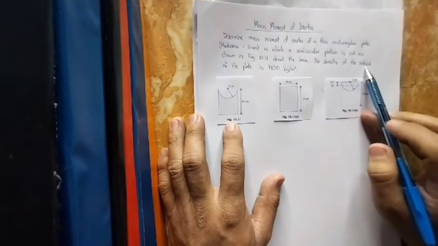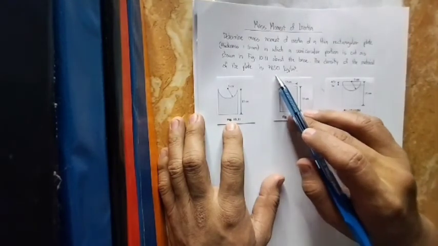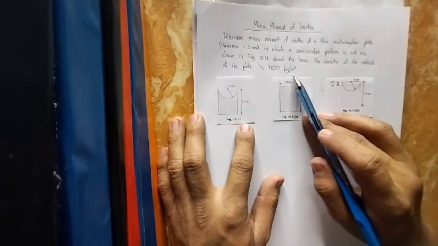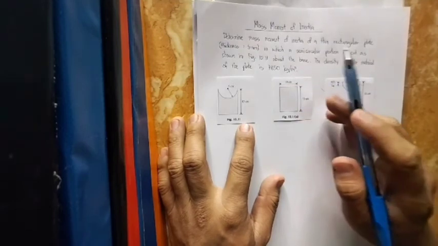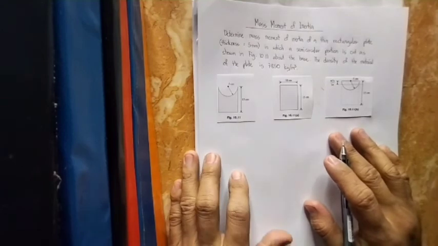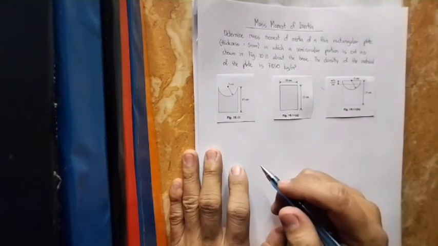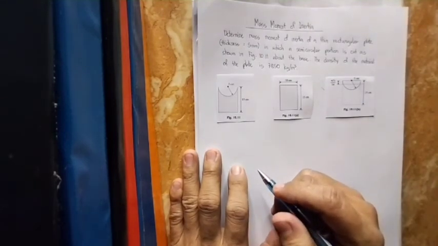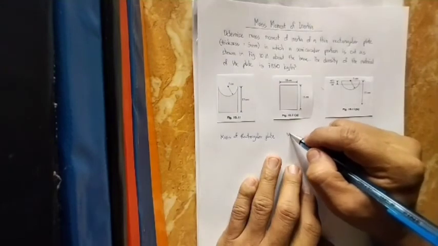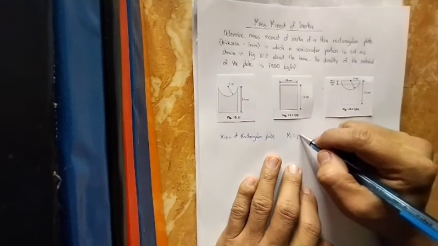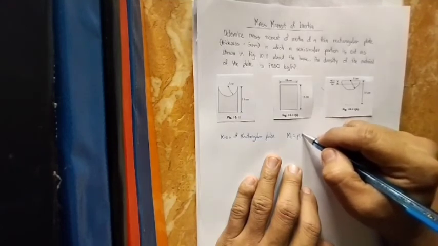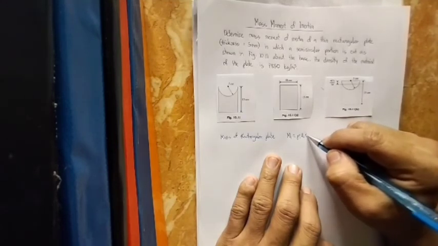The density of the material of the plate is 7,850 kg per meter cube. Dito sa problem na ito, kailangan muna nating i-calculate yung mass ng rectangular plate, which is equals to M1 equals to density 1 times area 1 times thickness 1.